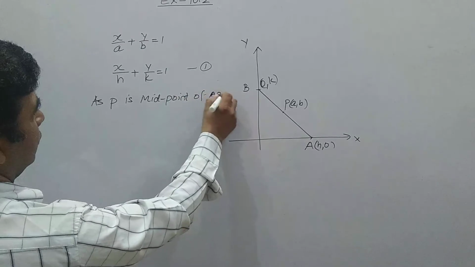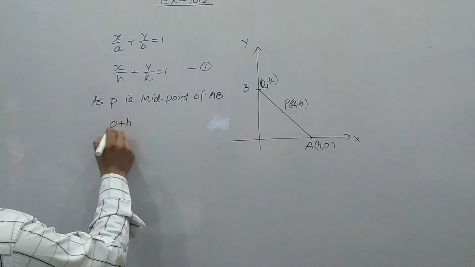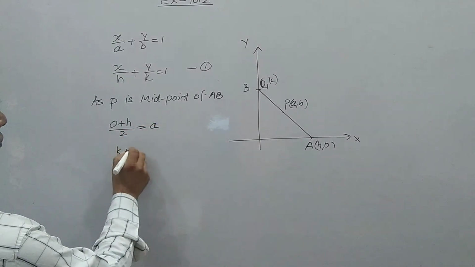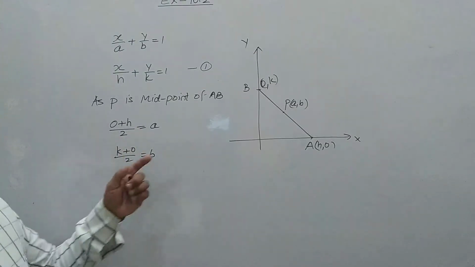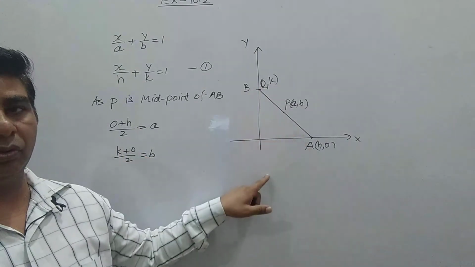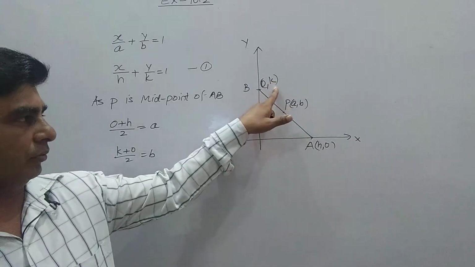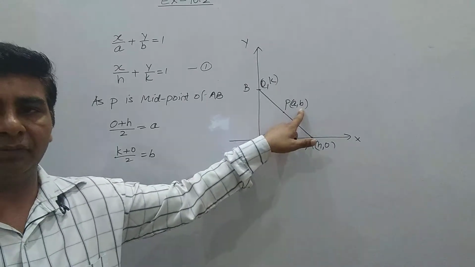So by applying the midpoint formula, this implies 0 plus h upon 2 will be equal to a and k plus 0 upon 2 will be equal to b, because x1 plus x2 upon 2 will give the midpoint of the x coordinate, and y1 plus y2 upon 2 will give you the midpoint of the y coordinate.